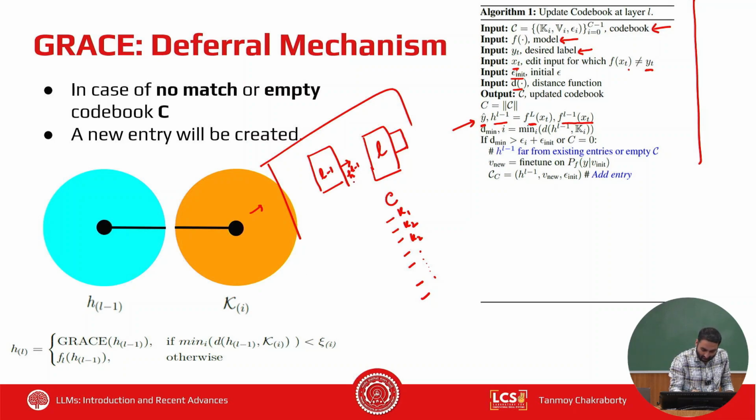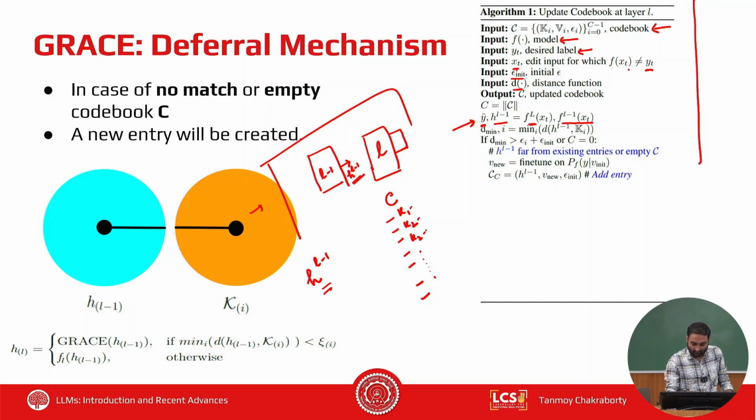Now when this new knowledge comes in, which is h_{L-1}, what I will do is check whether this knowledge already exists in the codebook or not. It may happen that it already exists. How do you check this?